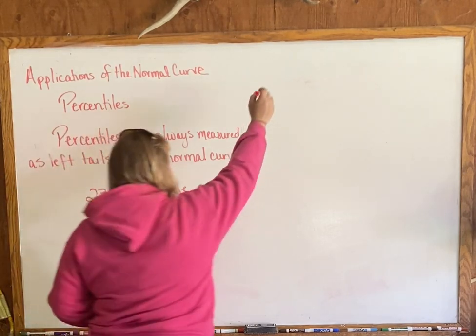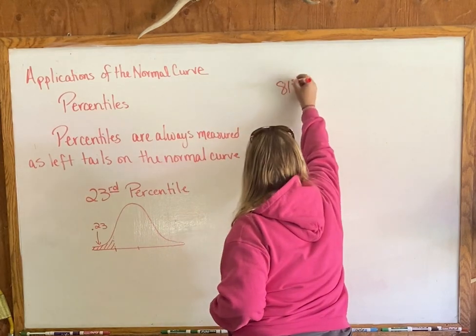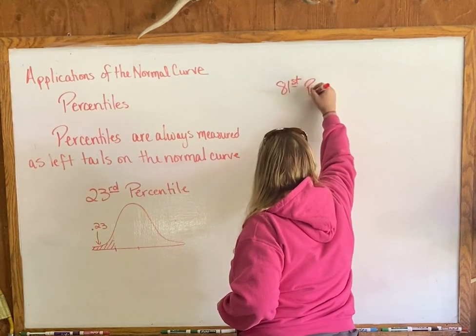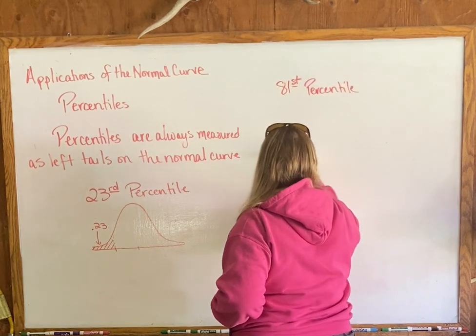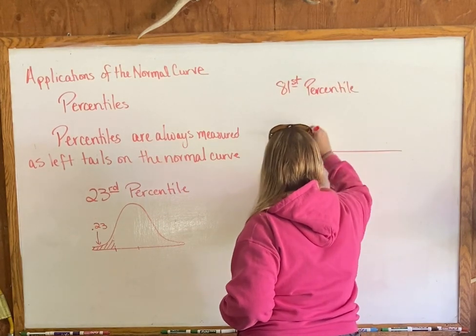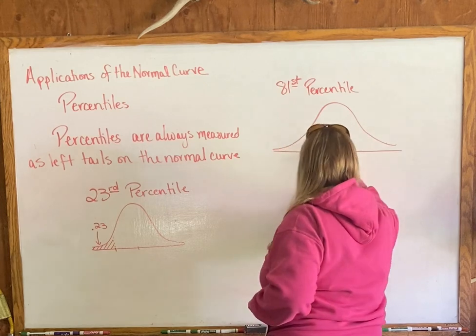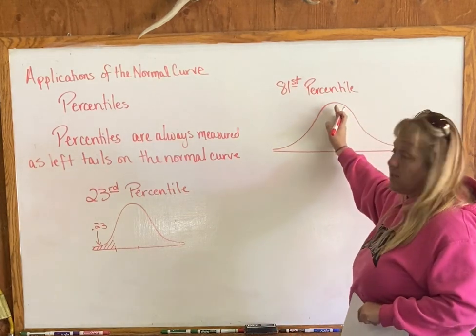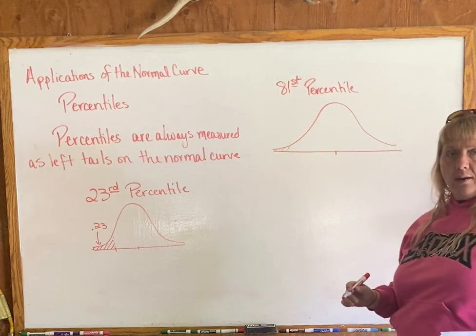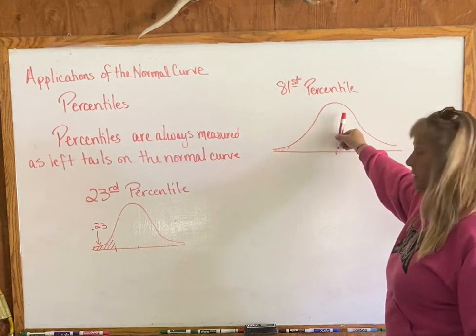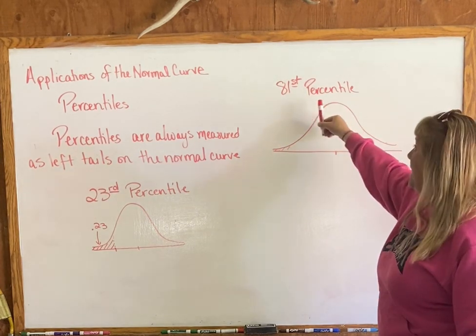If we said that we were in the 81st percentile, now we're still going to shade from the left, always left, always left. But this time, if here's the middle, if we start shading from the left, how far are we going to go? So middle is 50%, so we need 81%.